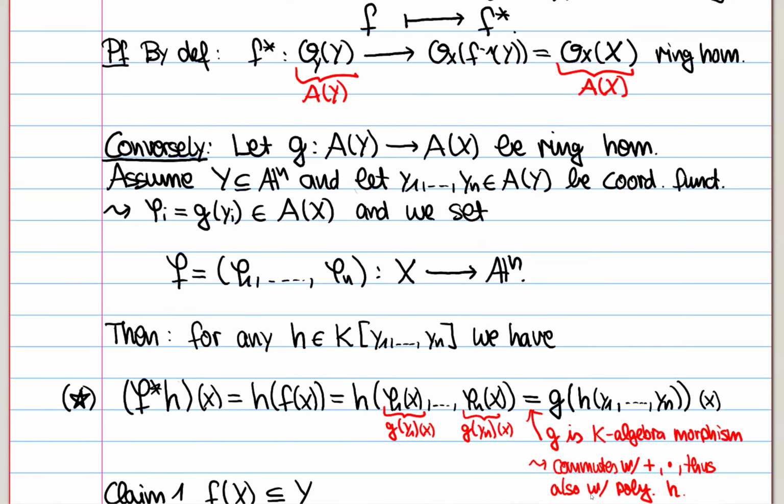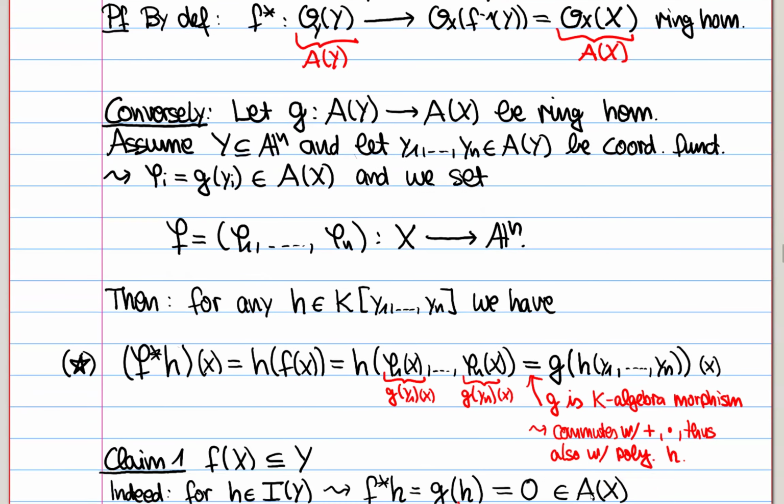To do this, we do one crucial calculation, which will solve all the rest of the arguments. We compute what F star does on any h, in other words, on any polynomial on the target. What happens if we pull it back by F?